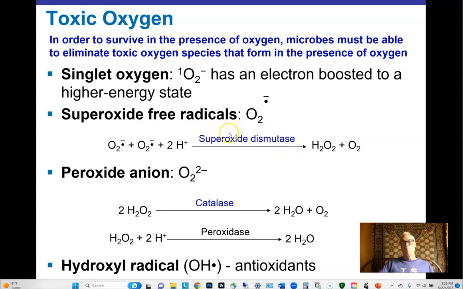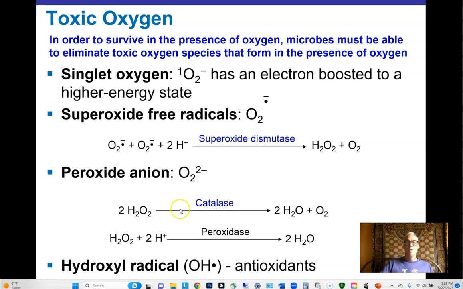So most cells that can live in the presence of oxygen have a gene to produce a gene product called superoxide dismutase. It's an enzyme that will take these superoxide radicals and convert them to hydrogen peroxide. And hydrogen peroxide is not all that great.